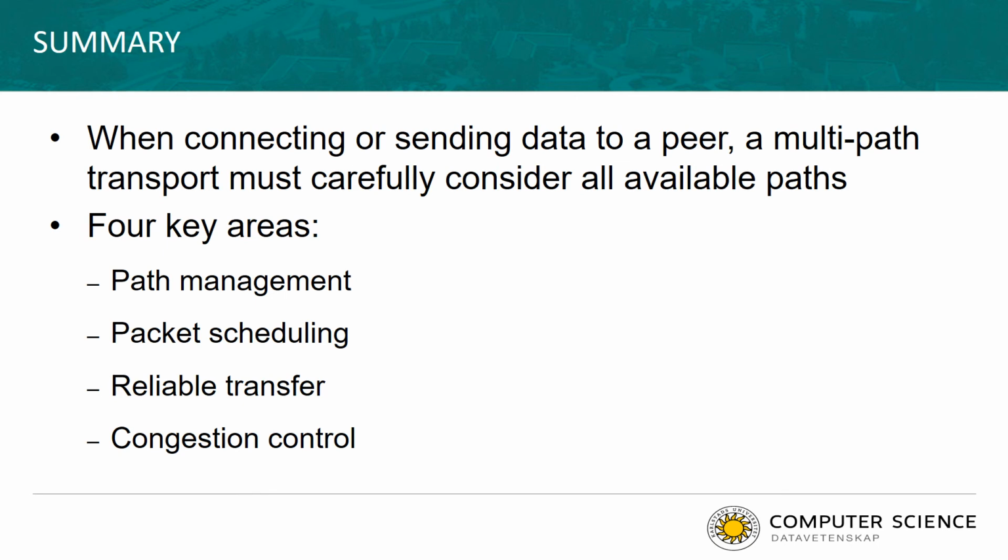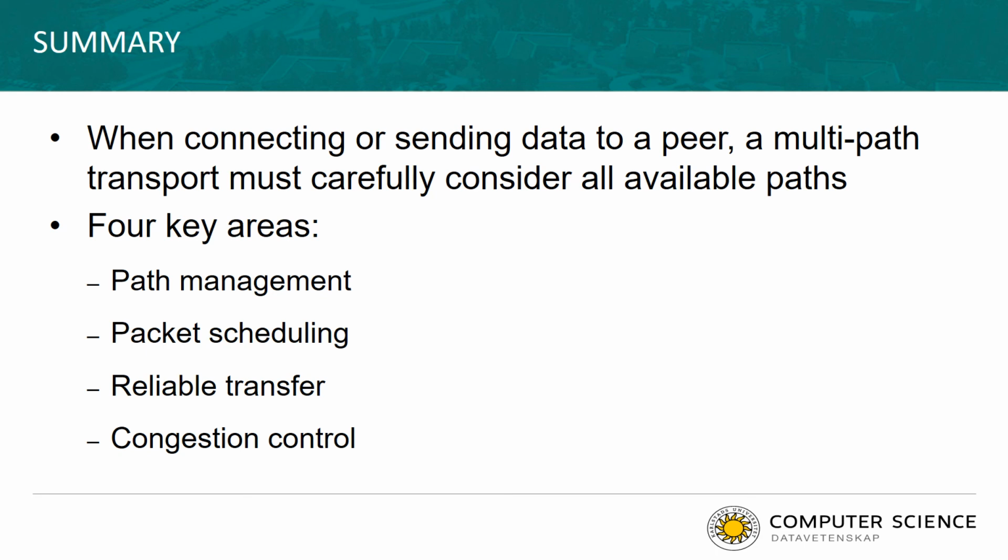Once we have the paths available, we have to consider how to schedule packets over those paths. This is the task of the packet scheduler, and we can have different goals here that will then determine what choices we make. In order to provide a reliable transfer, we have to ensure how we map the sequence space for communication, and we also have to consider how to retransmit lost data over the same path as the original transmission, or perhaps over another path.